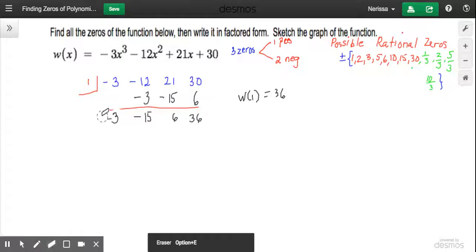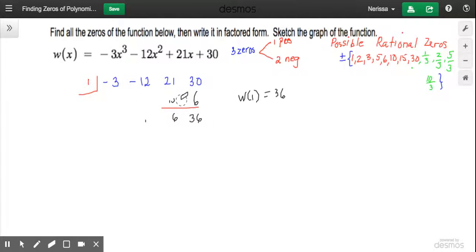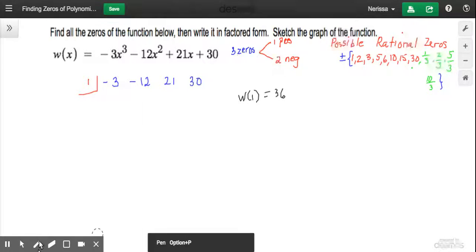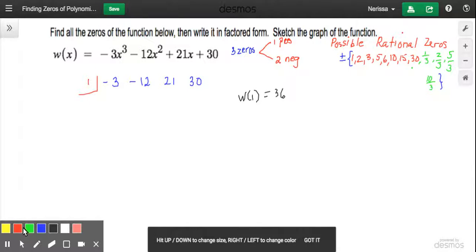So we're going to try another number. 1 does not work. If 1 doesn't work, then we are going to try -1.